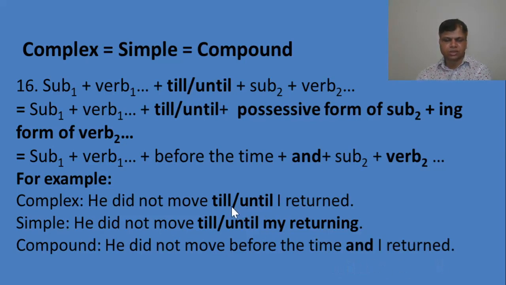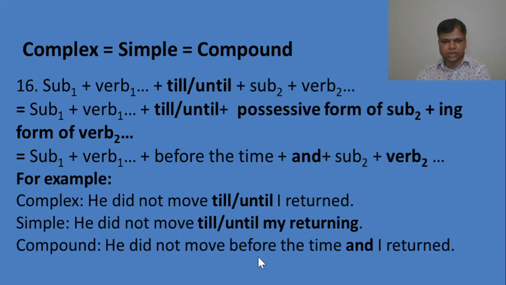So if you look at the simple sentence, till, until, possessive form of subject 2. Here subject 2 is I and the possessive form of I is my, and the ing form of return is returning. So if you want to make it a compound sentence, look at the end of the independent clause.